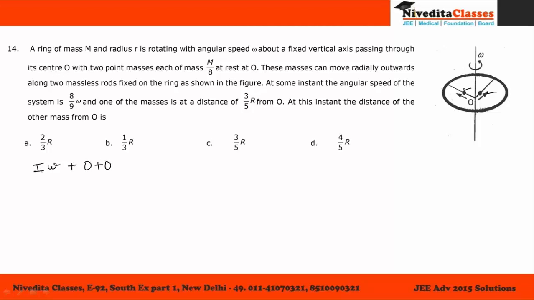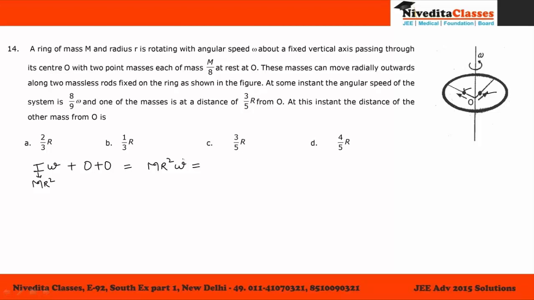Okay, and this I, we know that for a ring it is actually m r square. So our initial angular momentum becomes m r square into omega. So now let's see what will be the final angular momentum.